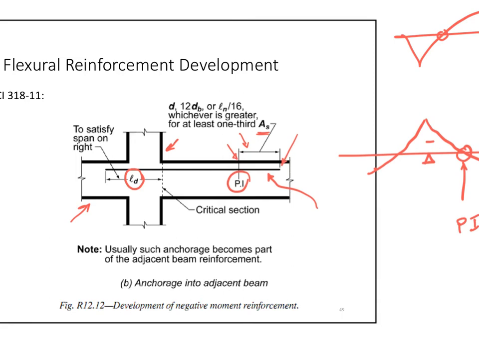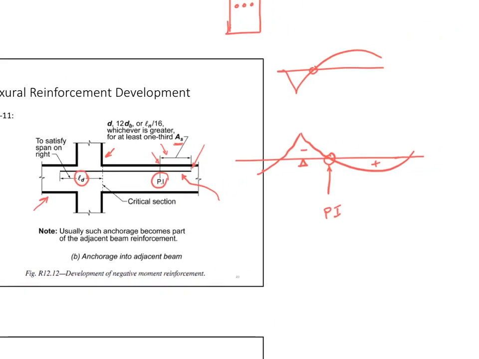In other words, if I get back here and I say, do I really need to put the top reinforcement like this, all of it? The answer is no. Only 1/3 of it needs to go beyond this by that distance, d, 12 db, or ln divided by 16. And that is here. Now over here it will be As.